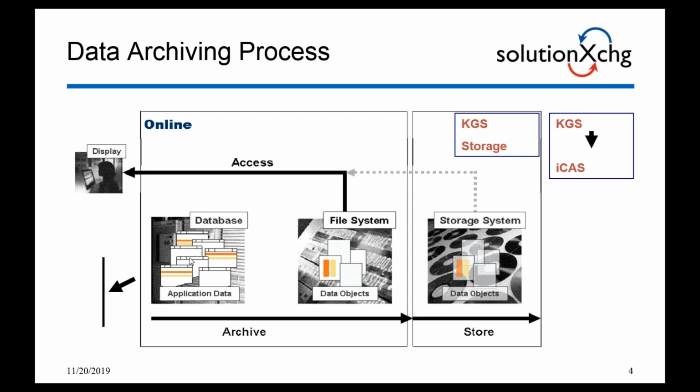The back-end storage media in this case would be the ICAS storage media, and that would be where your data would reside until the long-term retention has been met, and then the data from within there could be deleted. Retention parameters and things of that nature are all controlled by your storage system. So all of the retention parameters of all the files you write out to KGS are managed from within the tools within KGS.